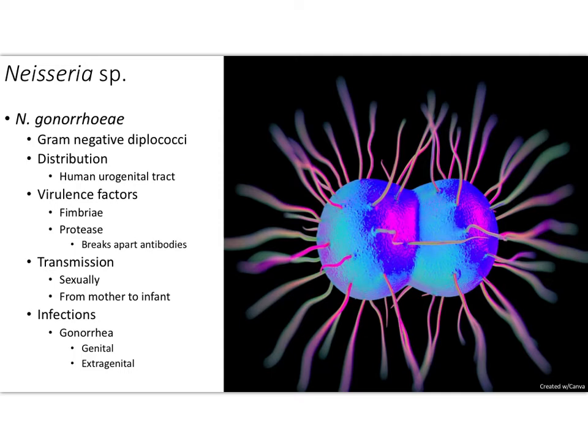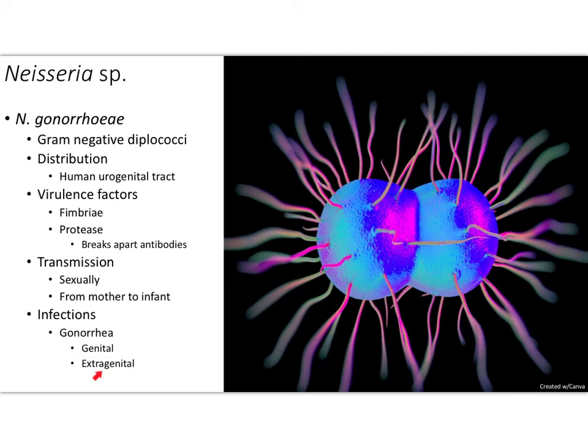It is possible for that bacteria to spread throughout the body. If someone has an infection that has not been treated for a very long period of time, it's possible, although not necessarily probable, that this will spread from the reproductive tract to the rest of the body and start to cause problems there. So it's possible that someone can get what's called an extragenital infection.